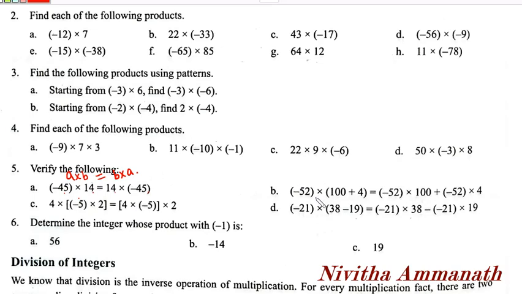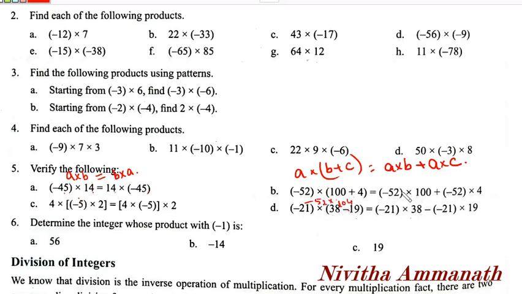Now next one is this one, A into (B plus C) equal to A into B plus A into C. That is the distributive property over addition, right? So it holds the distributive law over addition. So you have to do this. So in this 100 plus 4, 104, minus 52 into 104 you have to do.